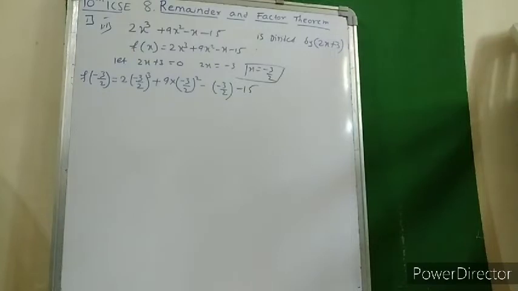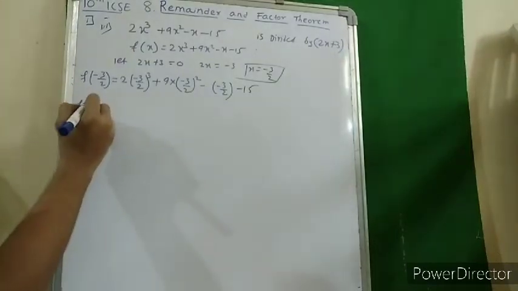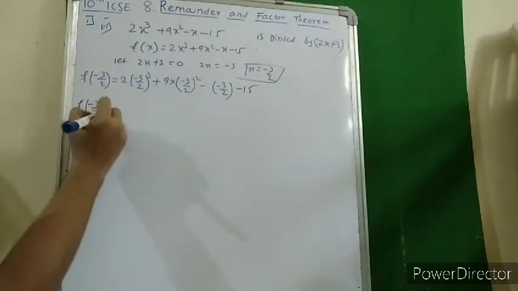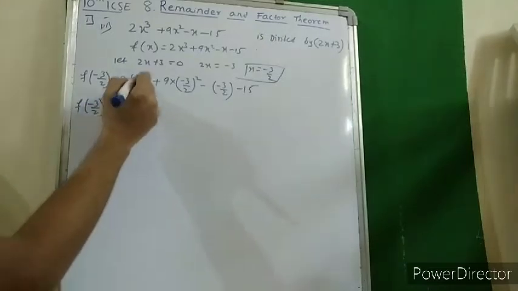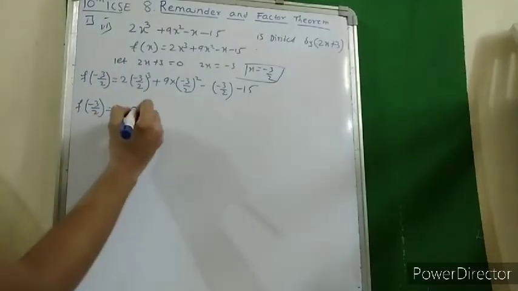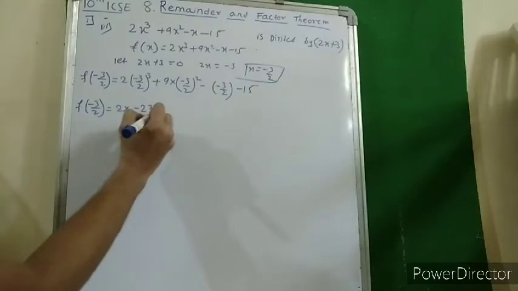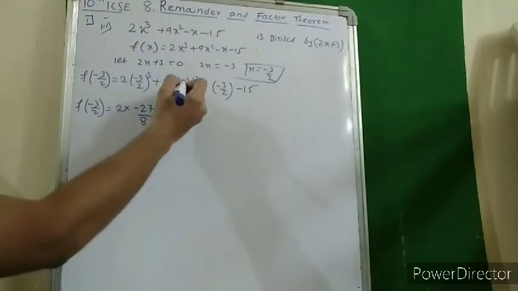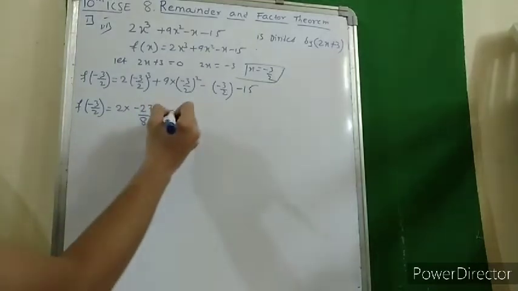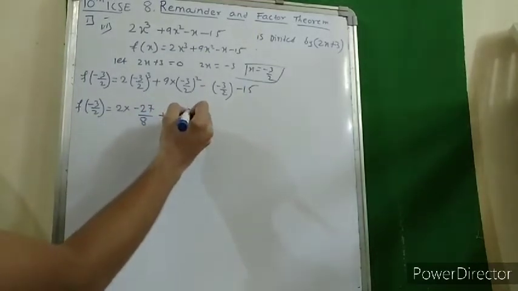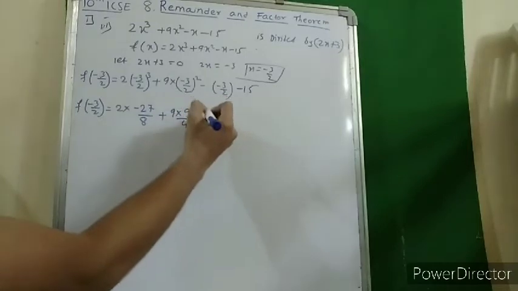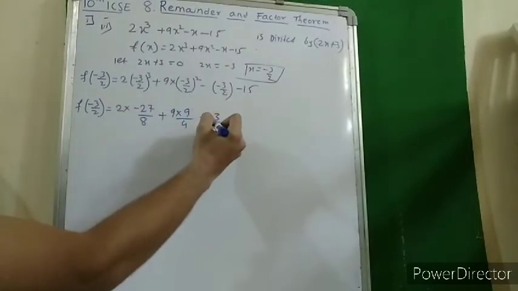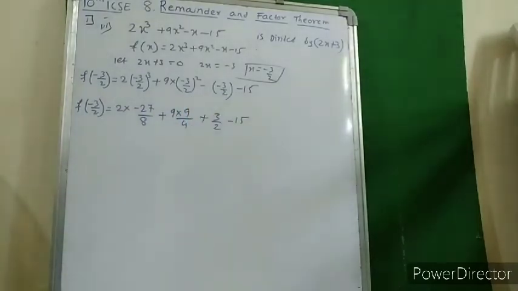Okay, so the function of minus 3 upon 2 is equal to 2 multiplied by minus 3 cube is minus 27 and 2 cube is 8, plus, see minus square becomes plus, so we have 9 multiplied by 3 square is 9 and 2 square is 4, minus minus become plus, we have 3 upon 2 minus 15.